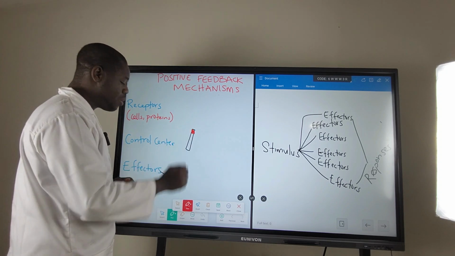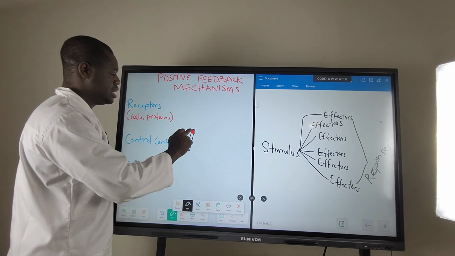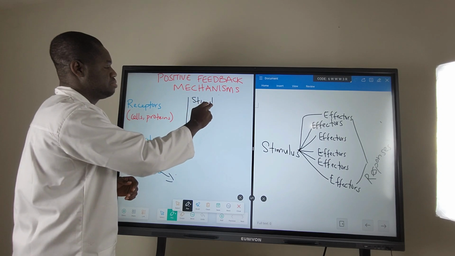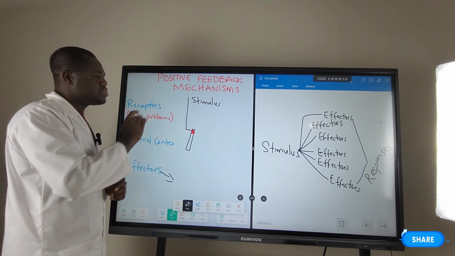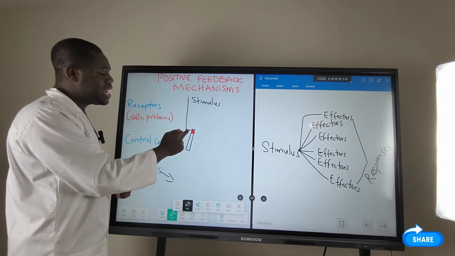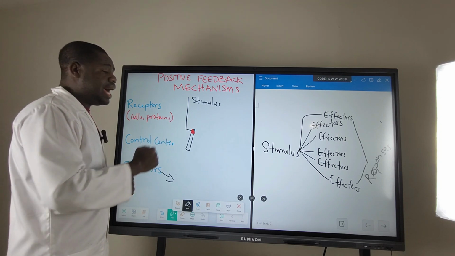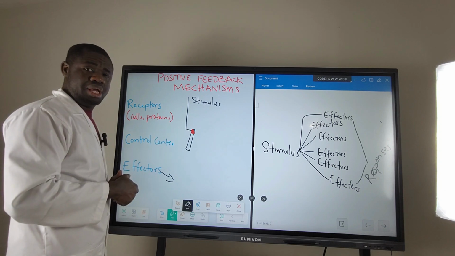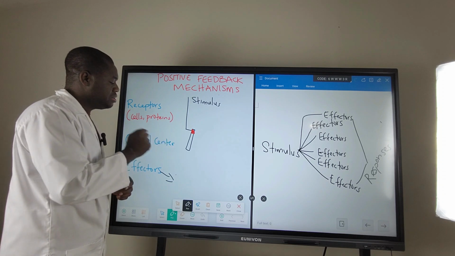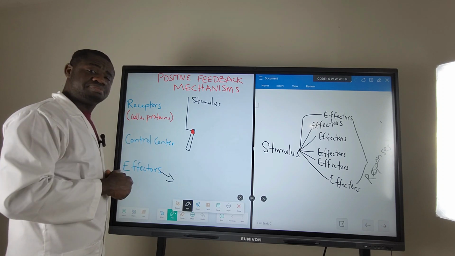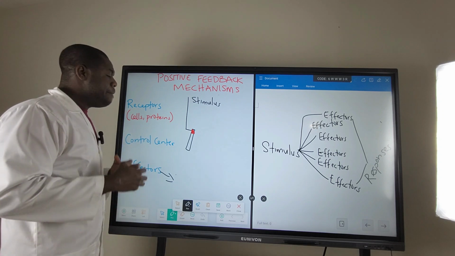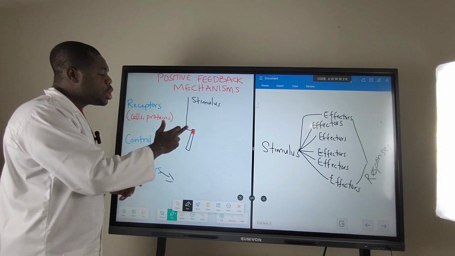So this is our stimulus. The receptors detect this stimulus, which is the damaged blood vessel and the bleeding. And what they do is that they send information to the control center. The control center, which is a decision maker, makes a decision to stop the bleeding.